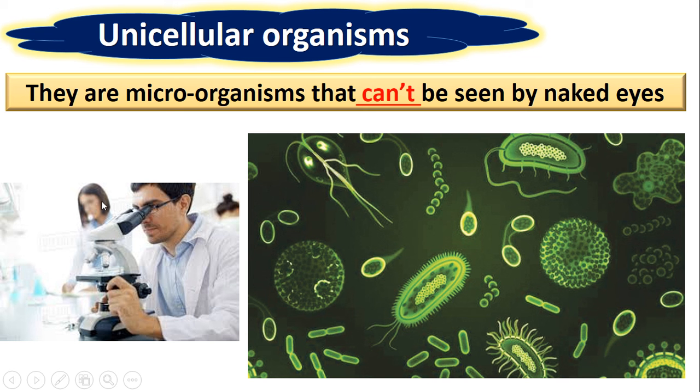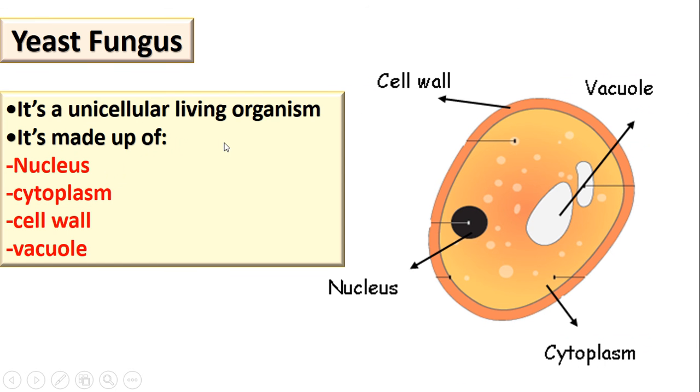I should use what? The microscope. I can see them with the microscope. The microscope is a tool used to make very small things big so that I can see them. Like these microorganisms, or unicellular organisms, which consist of just one cell.